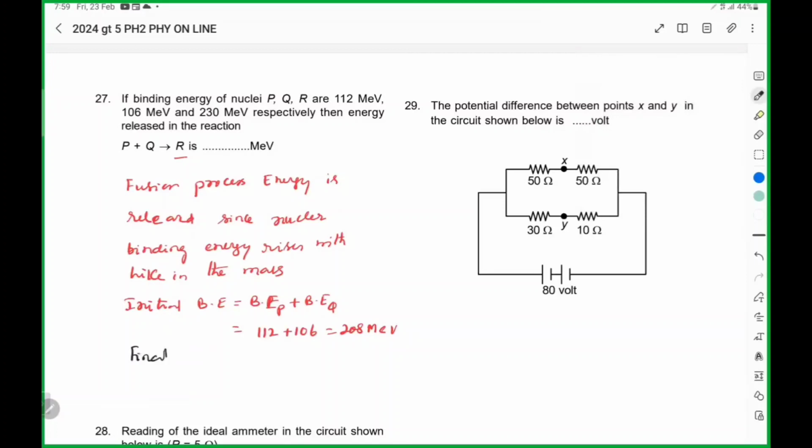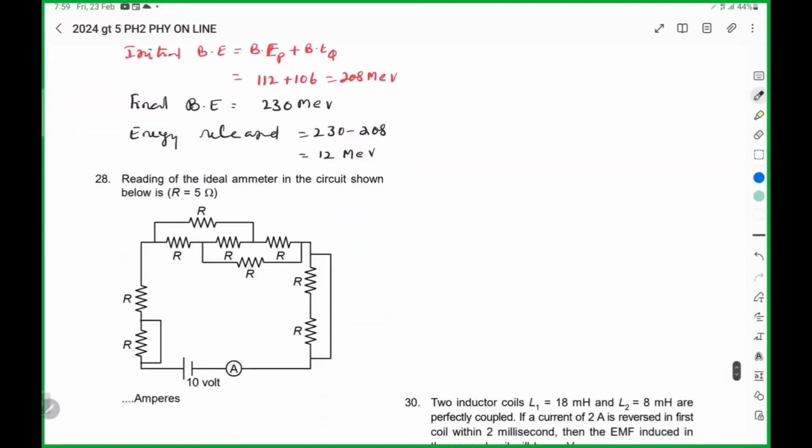So final binding energy will be 230 million electron volts. So energy released will be 238 minus 208, 12 million electron volts.